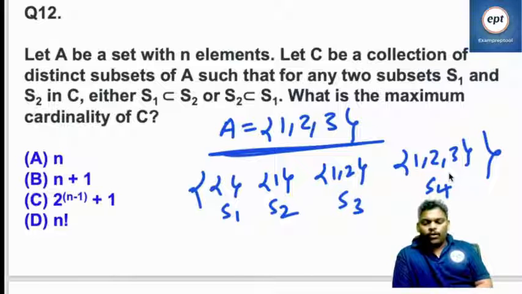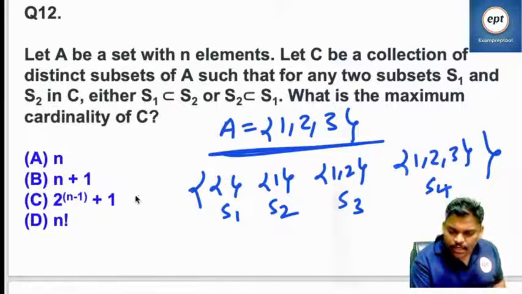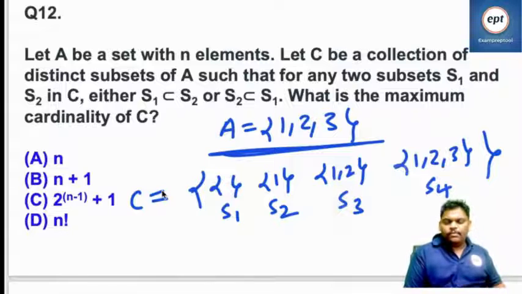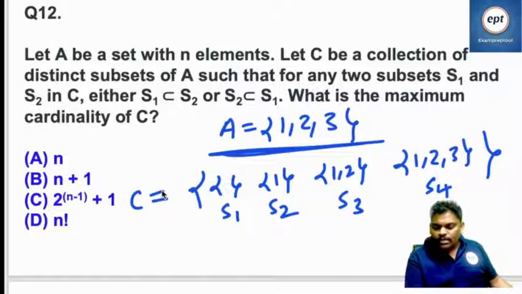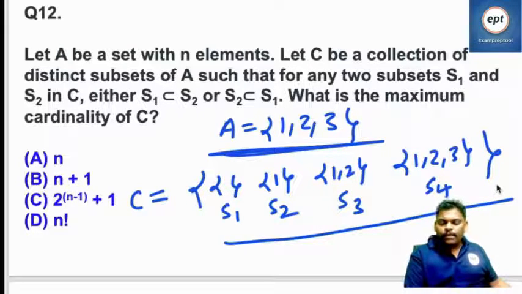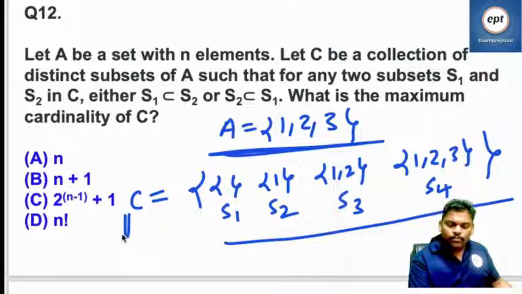If A is {1, 2, 3} and C is the collection of distinct subsets, what is the maximum cardinality? I think if the cardinality of A is 3, the maximum cardinality of C is 4, that is 3 plus 1.